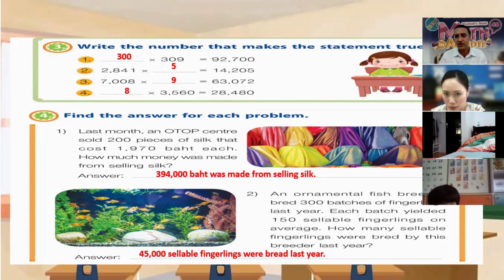Either multiplication, division, addition or subtraction. So in problem number 2, we use the similar method, multiplication. So 300 multiplied by 150 is equal to 45,000. So our answer is 45,000 sellable fingerlings were bred last year.